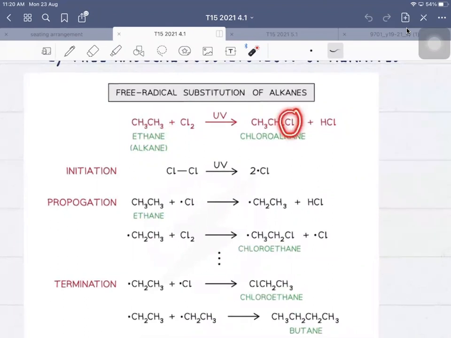In this case, a hydrogen atom has been replaced by a chlorine atom. Because radicals are reactive species, it doesn't just stop there. It will continue to react until all the hydrogen atoms have been replaced by chlorine atoms.